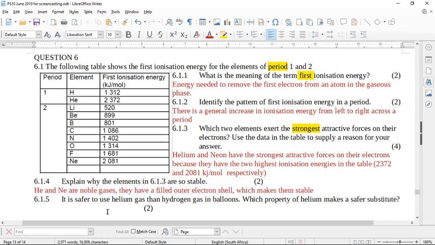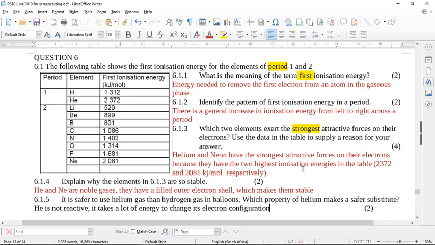It is safer to use helium gas than hydrogen gas in balloons. What property of helium makes it a safer substitute? Helium is not reactive, whereas hydrogen is reactive. It takes a lot of energy to change its electron configuration.